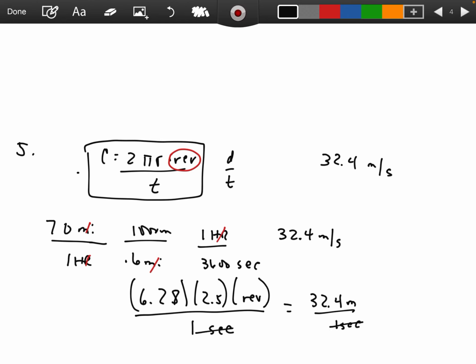I can kind of just get rid of that because it's the same number. So then it's just solving for revolutions. Multiply this times this, and then make sure you do the algebra, right? So 32.4 divided by 6.28 times 2.5 equals roughly 2-ish. And that's it.